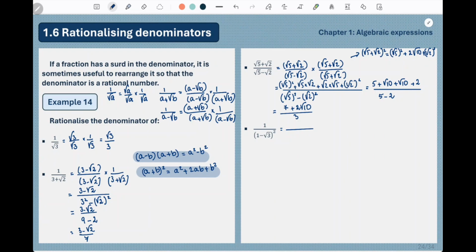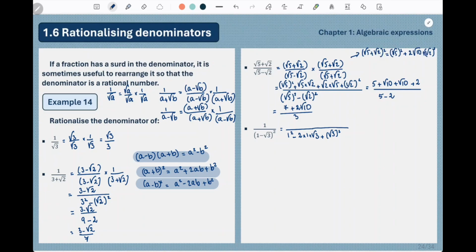So my a here is 1, and because in this case it's a minus, you simply have a squared minus 2ab plus b squared. So my a is 1, so it's 1 squared minus 2 times 1, because my b is square root of 3, times square root of 3, plus square root of 3 squared.